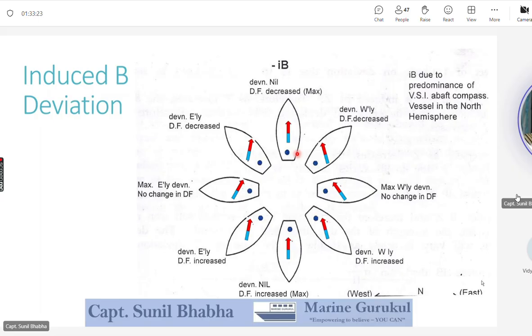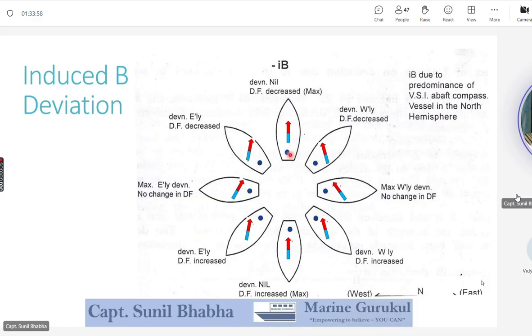But as far as the funnel is concerned, the funnel is abaft of the compass and there is no comparable structure forward of the compass, in comparison to the size and the amount of steel used in the funnel. So that's why in this deviation diagram, the funnel is considered as the vertical soft iron structure on board, and this particular ship is considered to be in the north hemisphere.